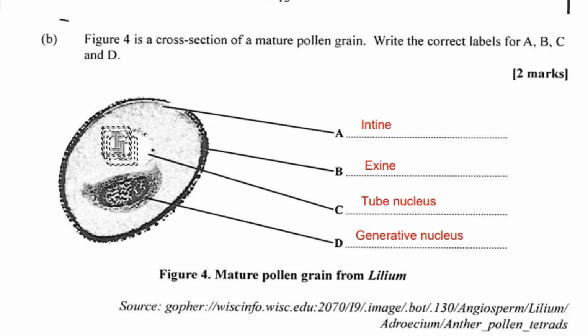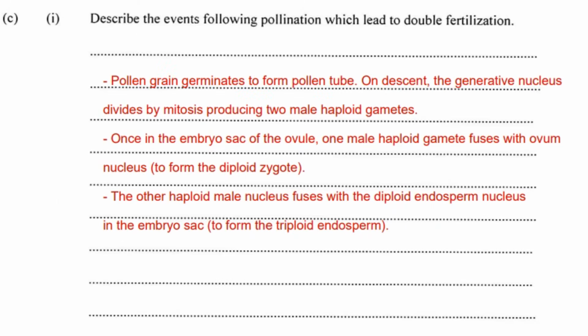The tube nucleus is more round. The tube nucleus is going to form the pollen tube that will grow down the style to deposit the male nuclei. The generative nucleus is going to divide into two male nuclei. One is going to fertilize the egg. One is going to make the endosperm nucleus that forms the endosperm nutrient source.